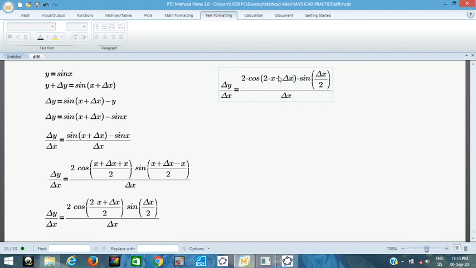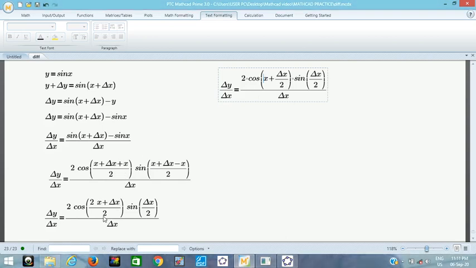That means this 2 is leaving this place. It's only delta x that we have divided by 2. Then this 2 is leaving this place also. Understand what I just did? 2x divided by 2 is going to give us x, which is this. Then delta x divided by 2 is going to be this. So this is where we are now.